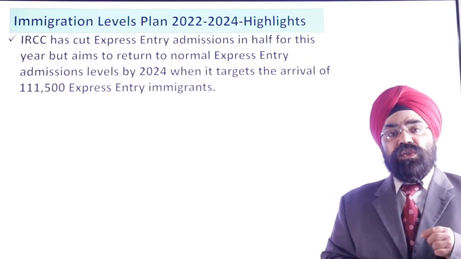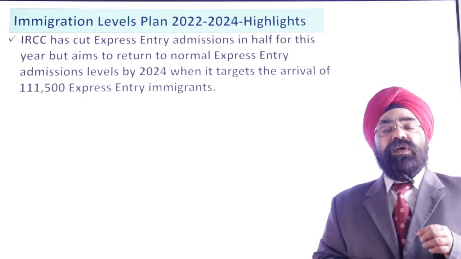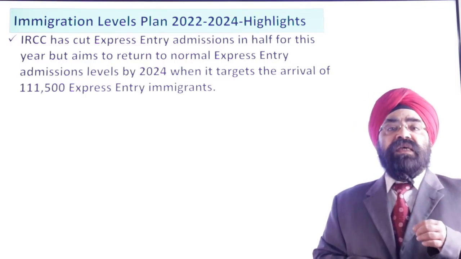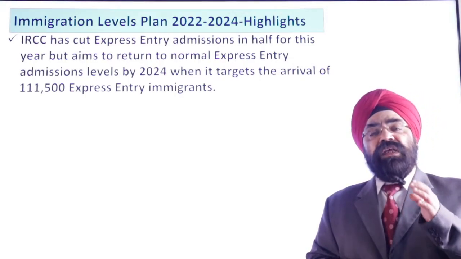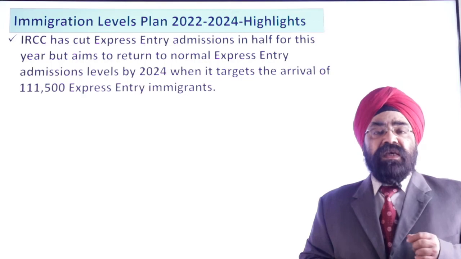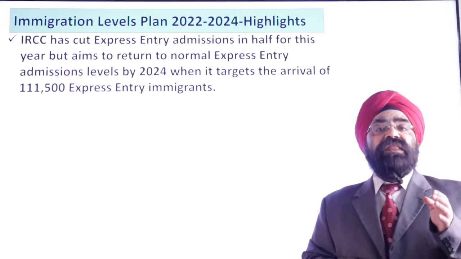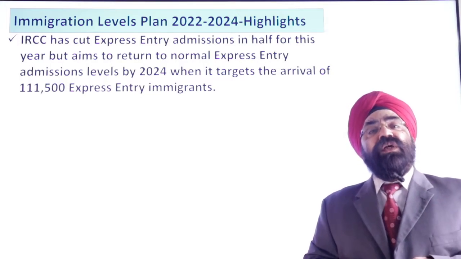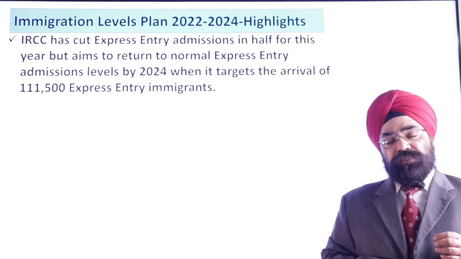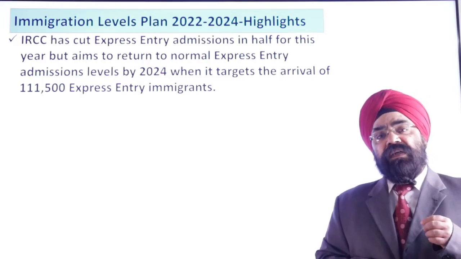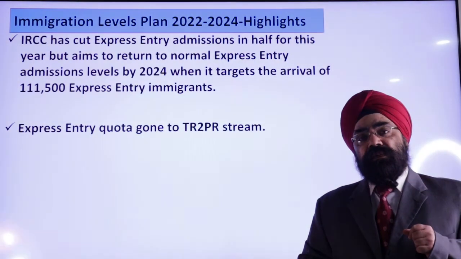So again they will come to the normal quota in 2024, and the reason is there is a lot of backlog in Express Entry, particularly in Federal Skilled Worker and CEC. So to tackle that, they have reduced the number and they will come back to the normal number in 2024.